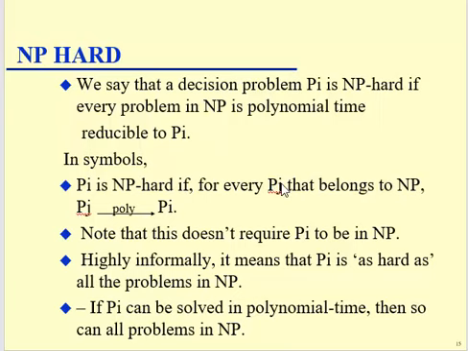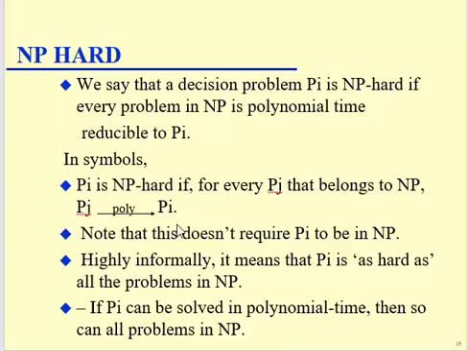Like I have already proved that the satisfiability problem is in NP. Similarly, there are many problems that are NP problems. Now, if I can prove that all those problems that are already in NP are reducible to PI in polynomial time, then PI will be NP hard.